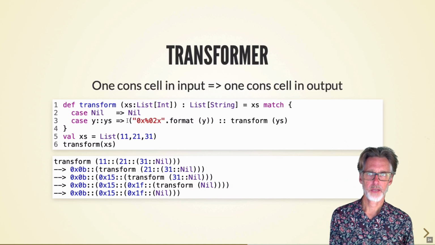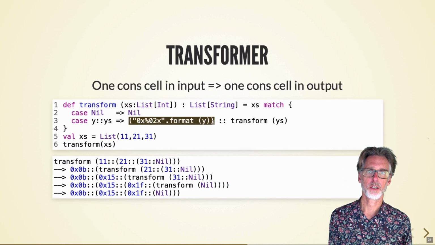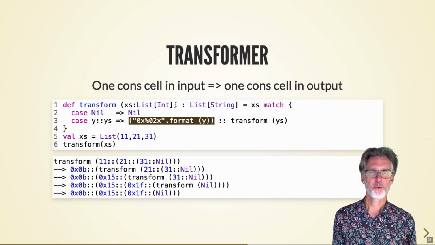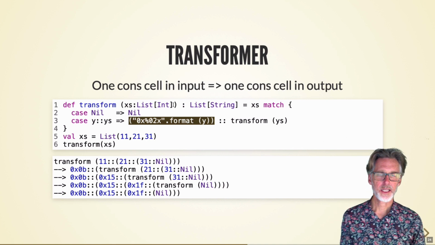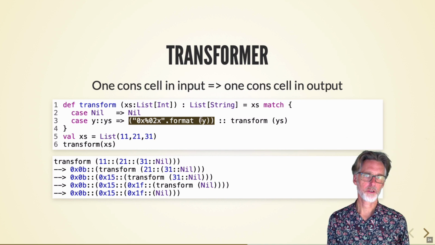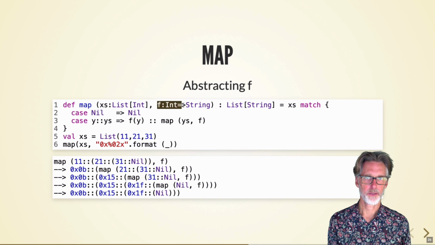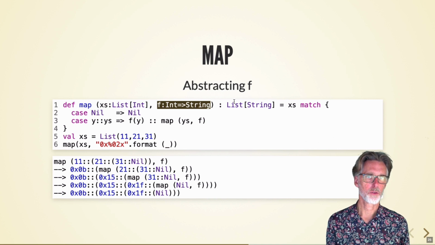So instead of having a specific transformation here, I'm going to add a parameter. Now, what is that parameter going to do? Well, in this case, it's going to take an integer and turn it into a string. So here I have my function f, which takes integers and produces strings. And then what are we doing overall? Well, we're taking a list of integers into a list of strings.